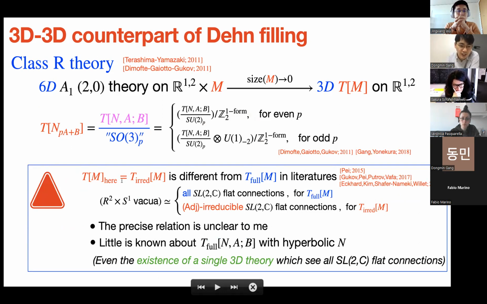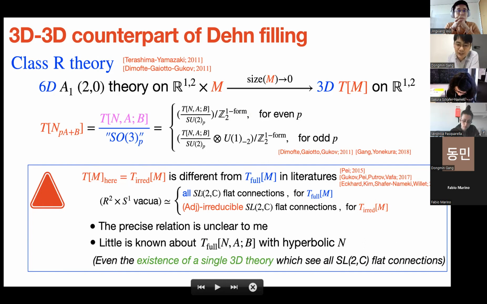The TM theory considered here is sometimes called the T irreducible theory, T irreducible M theory, which is actually different from another TM theory, sometimes called T pure theory in the literature, studied by these people.